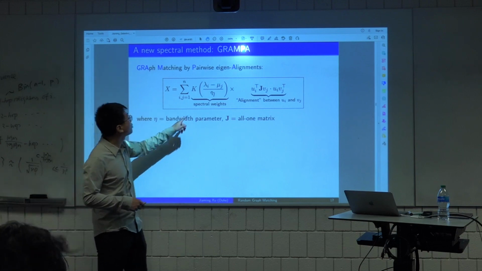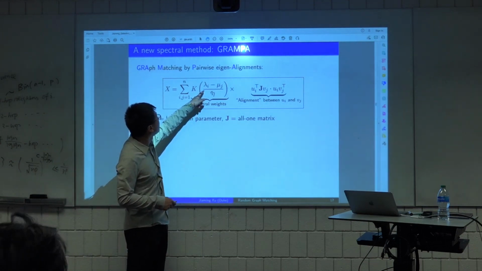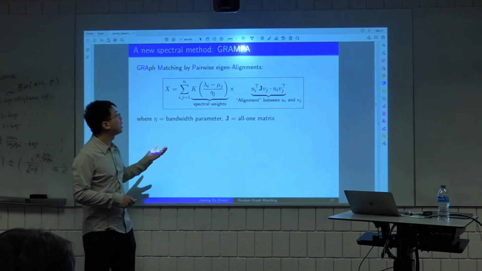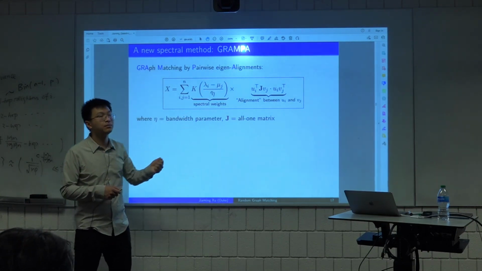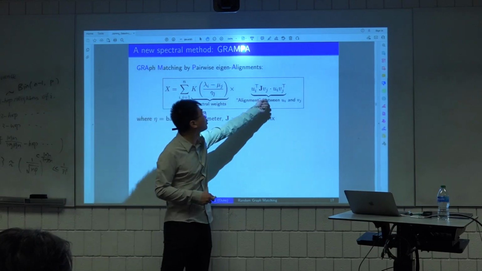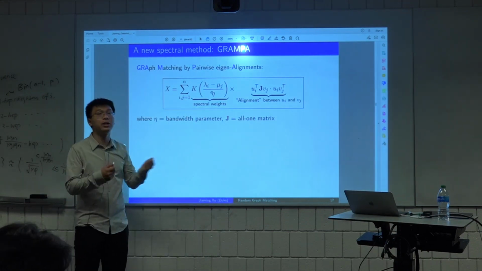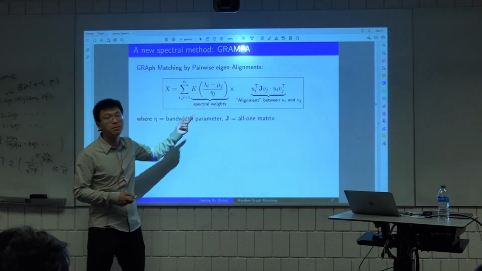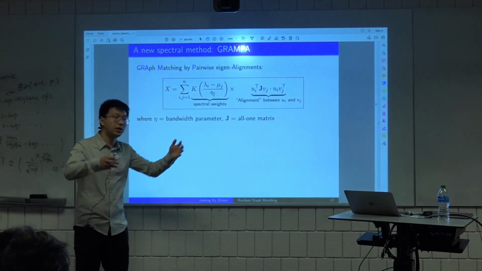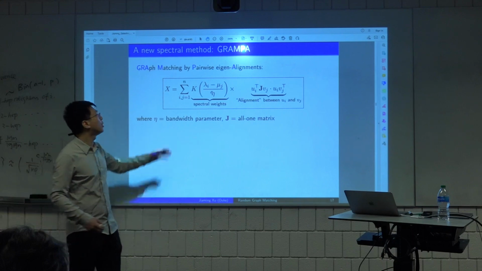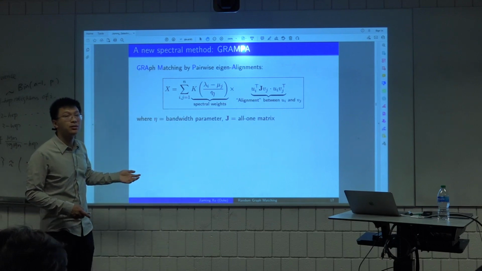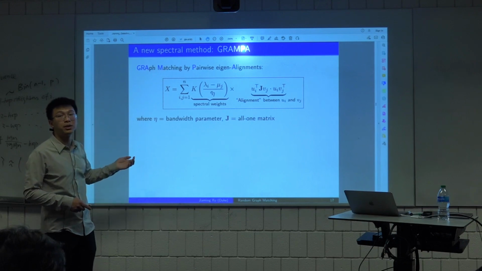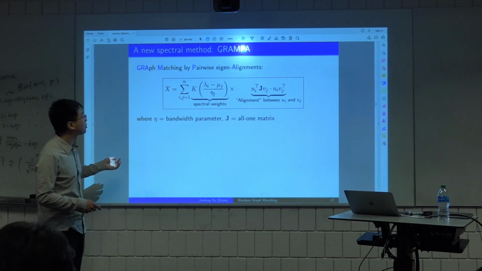We choose the kernel so that if lambda i and μj differ by much less than eta, the bandwidth, then we assign a large weight, because we believe their corresponding eigenvectors ui and vj are correlated. If the eigenvalue difference is much bigger than this bandwidth eta, then we believe the correlation is already very weak, so we assign a small weight. That's the idea behind this construction.